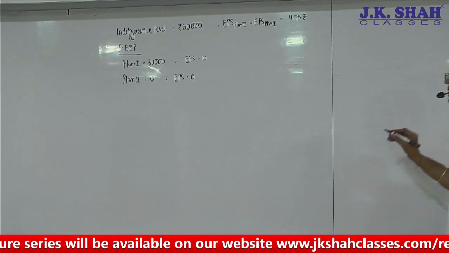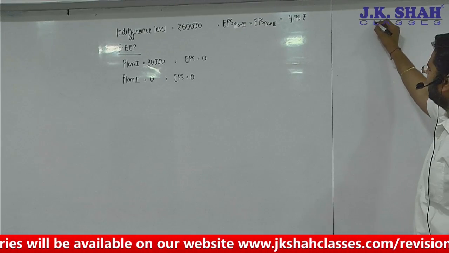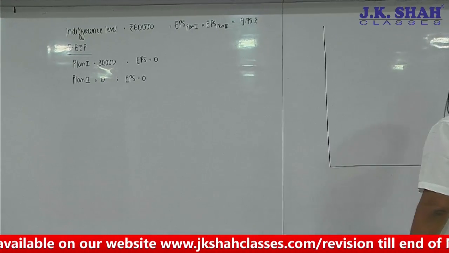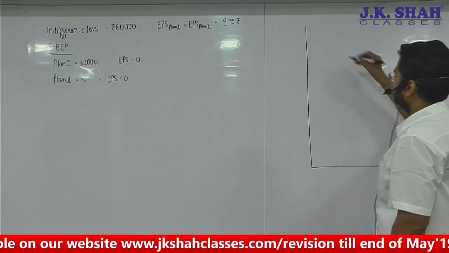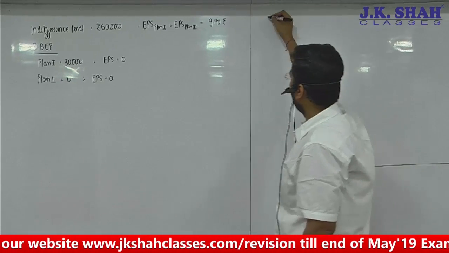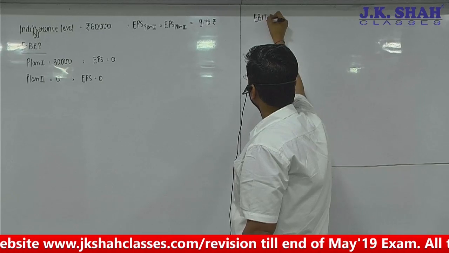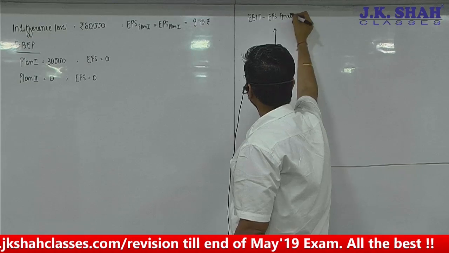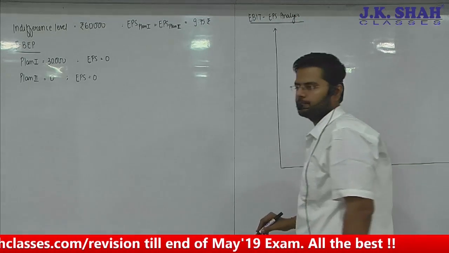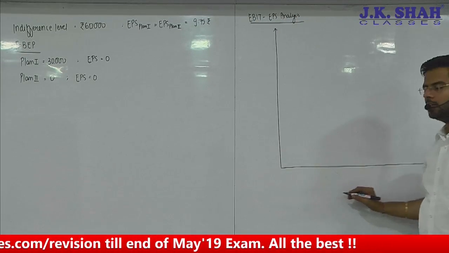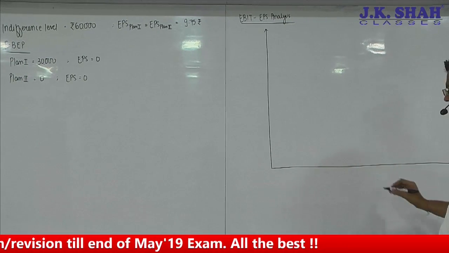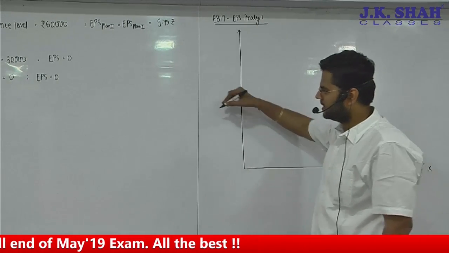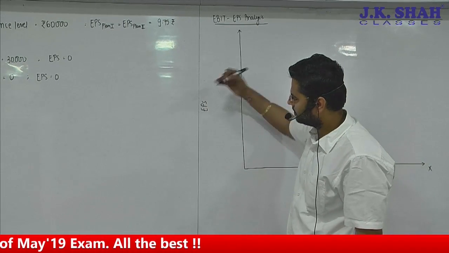If you notice, if I prepare the stuff in the form of a graph, which can also be termed as our EBIT EPS analysis. Now we make our x-axis the level of EBIT, and we make this the level of EPS.